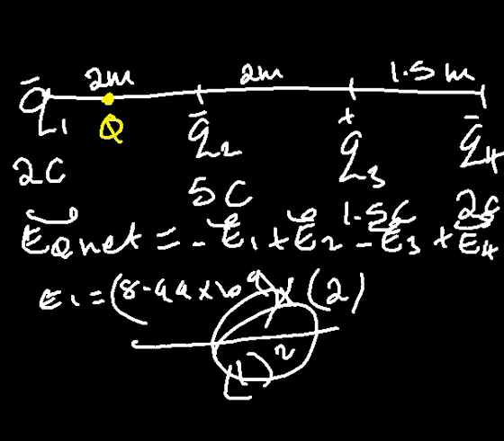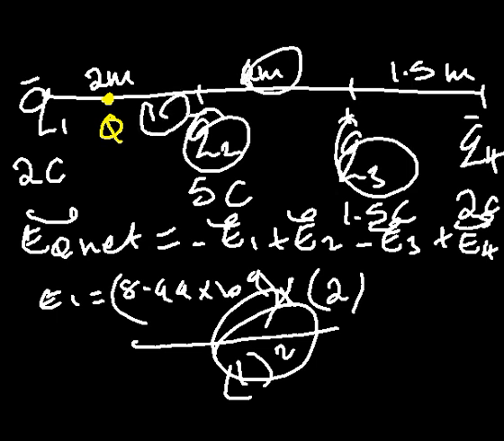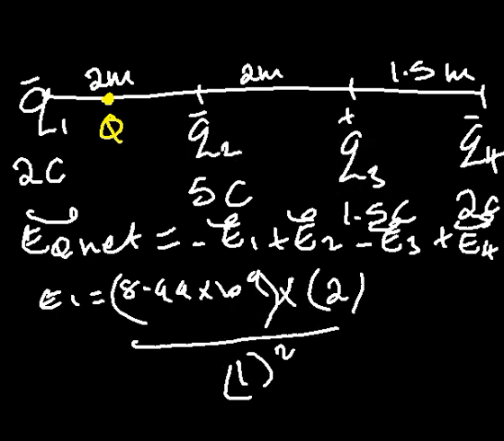So we'll calculate that. And E2 as well is at a distance of 1 meter, and E3 is at a distance of 3, and E4 is at a distance of 1.5. So proceed with the other calculations and appreciate that.